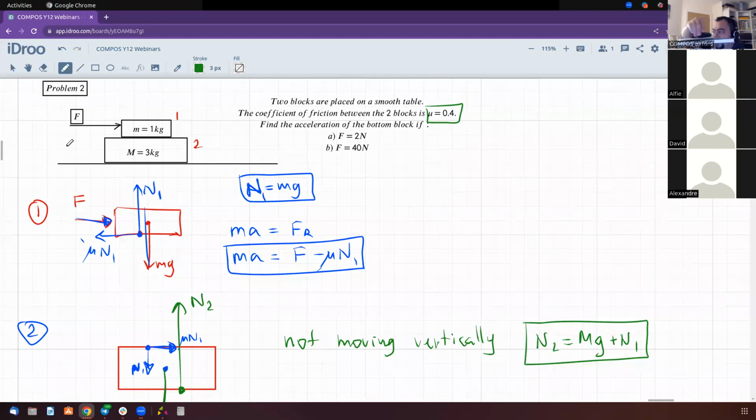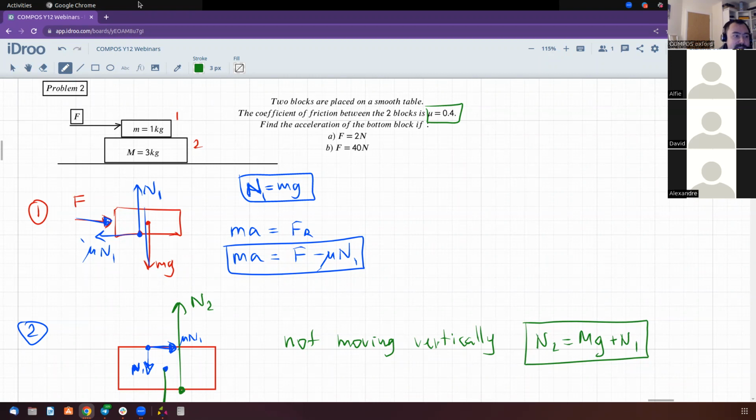If I push it this way, the phone experiences a friction force this way. However, the top object experiences a friction force in the opposite direction. So the top block experiences friction to the left, but the bottom block experiences friction to the right, which causes it to move in the first place.